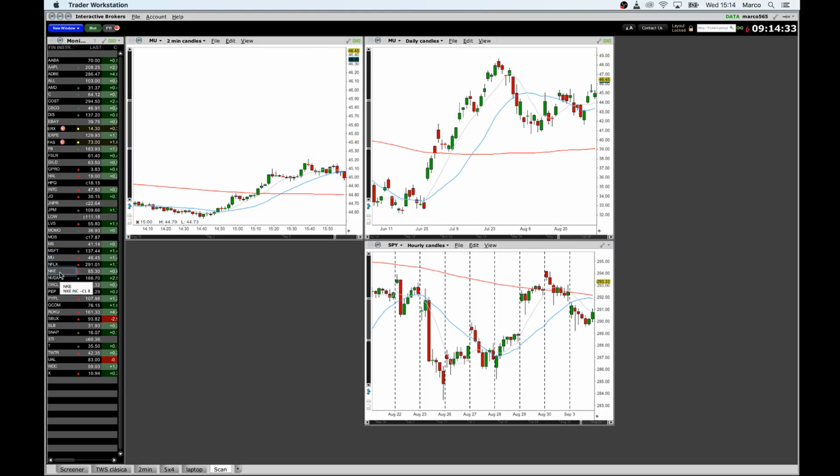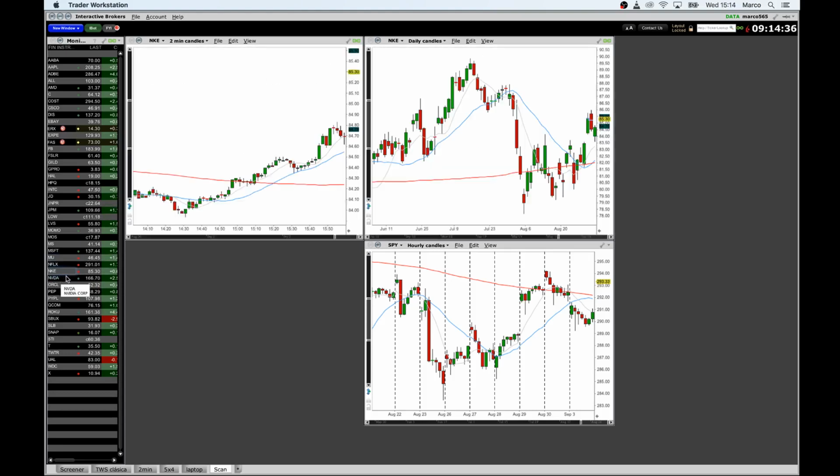Netflix is too expensive. Nike, I don't like this move yesterday, and we are gapping into resistance soon, so that means it gives us 60 cents to move up, and there is quite some margin.